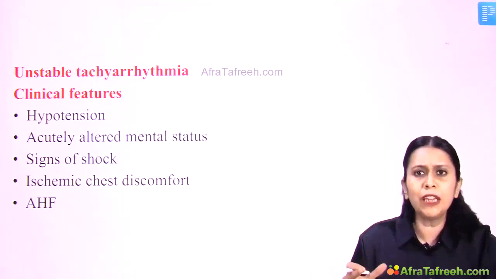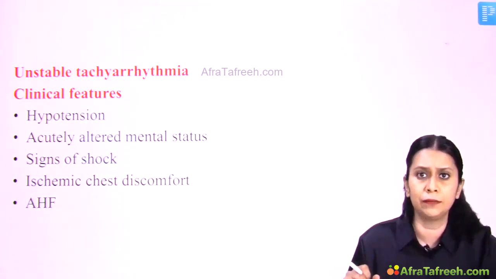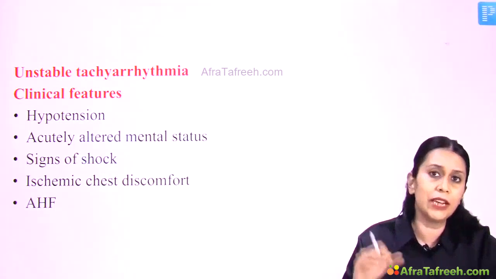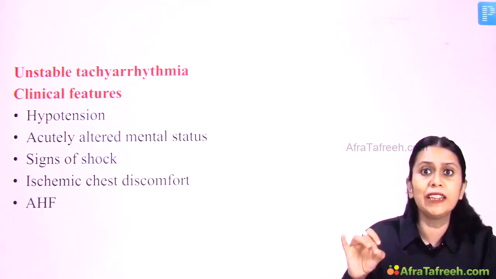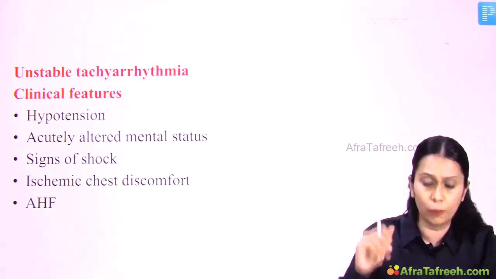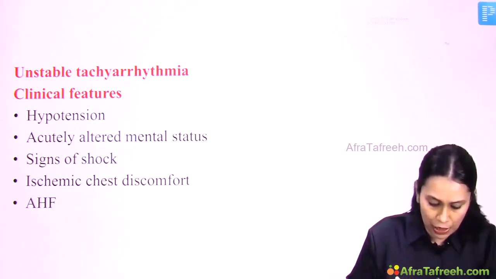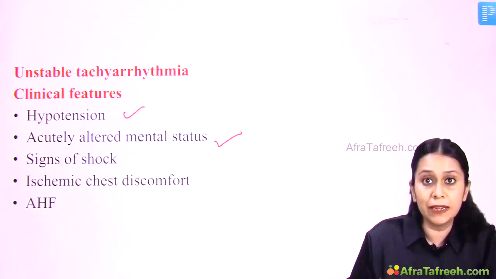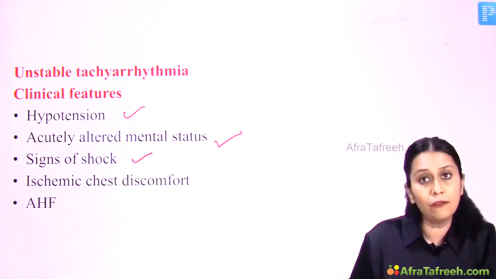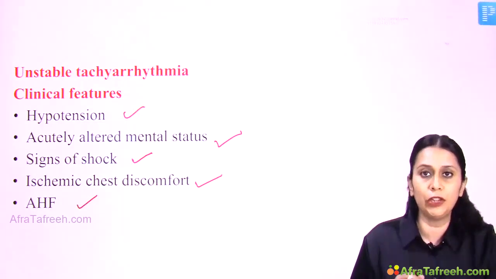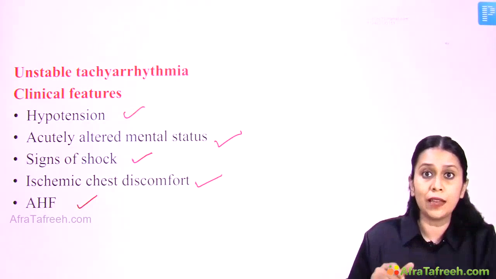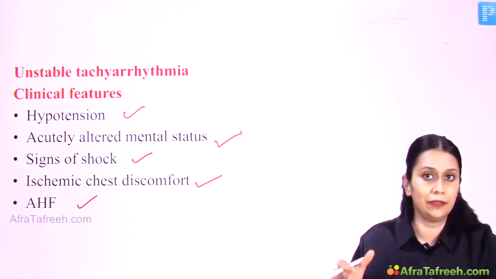And many times, because the heart rate is very high, the heart is beating ineffectively, and there is incoordination between atria and ventricle. Again, the cardiac output is not maintained, and because of that we get typical clinical features of low perfusion like hypotension, altered mental status, signs of shock, ischemic chest discomfort, and acute heart failure. Okay, these are signs of unstable tachyarrhythmia.